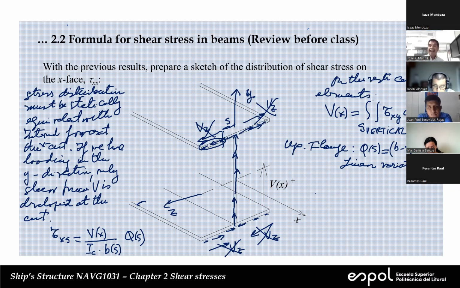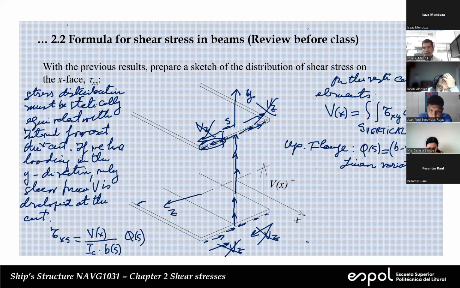So that means that tau will have the same variation as the Q, as the first moment. Since the first moment varies linearly, that means that the tau will vary linearly. Now, on the right hand side part of the upper flange, you're going to have the same variation. I'm not going to write it down.